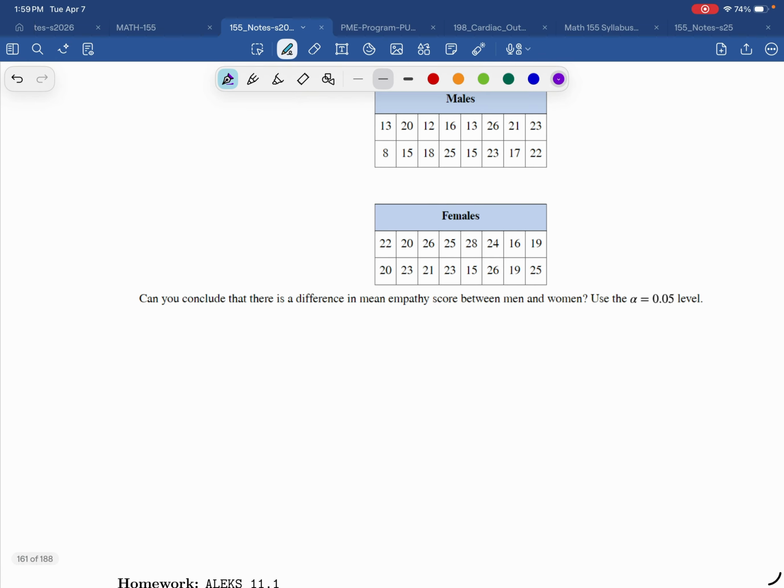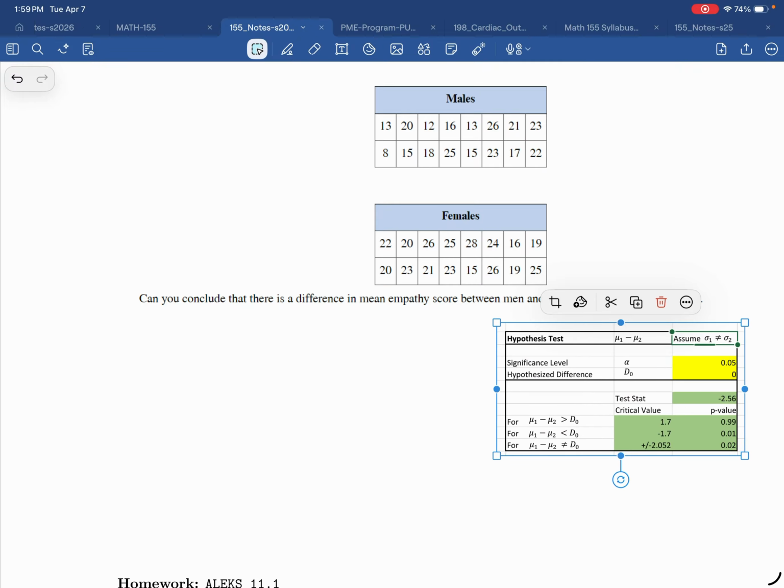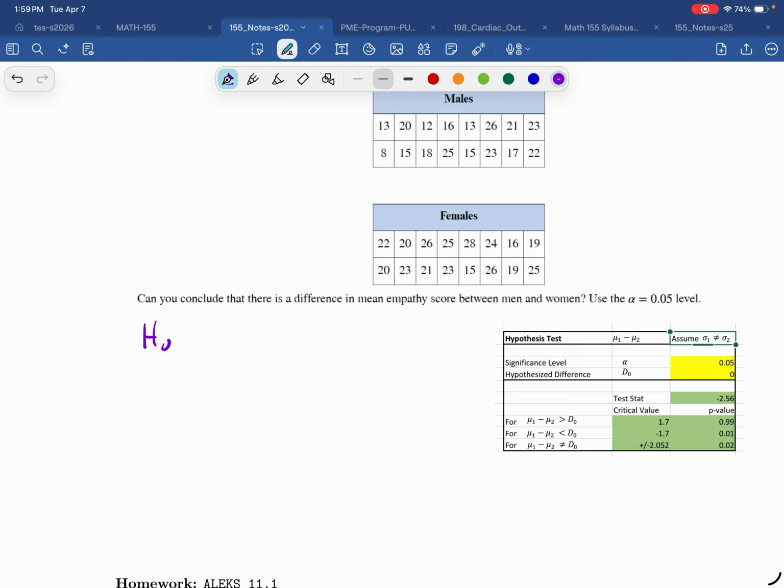We ought to write our hypotheses first. Null hypothesis says mu1, the mean for the males, minus mu2, the empathy mean for the females, is 0. Alternate hypothesis is that mu1 minus mu2 does not equal 0, because it's just a difference. So that's the alternate hypothesis we're using.